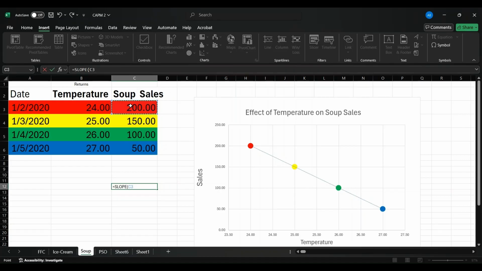In our case, this is the sales. And then you take your x variable, which is the factor which is having the effect. In our case, this is temperature, and you take the slope. We get a slope of negative 50. This means that as the temperature is increasing by 1 degree, your sales are falling by 50 units of soup.